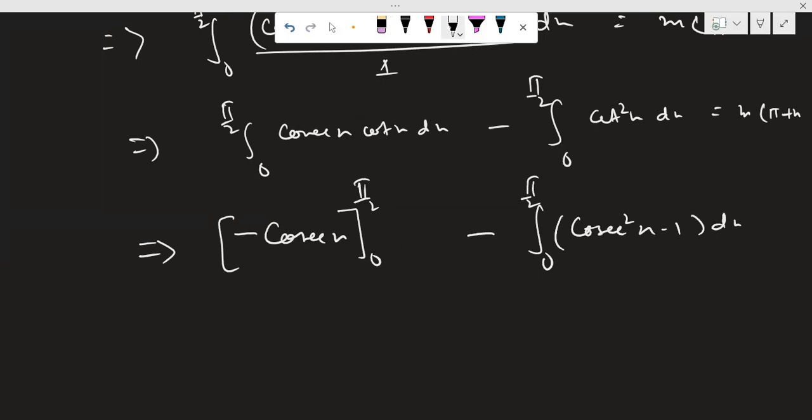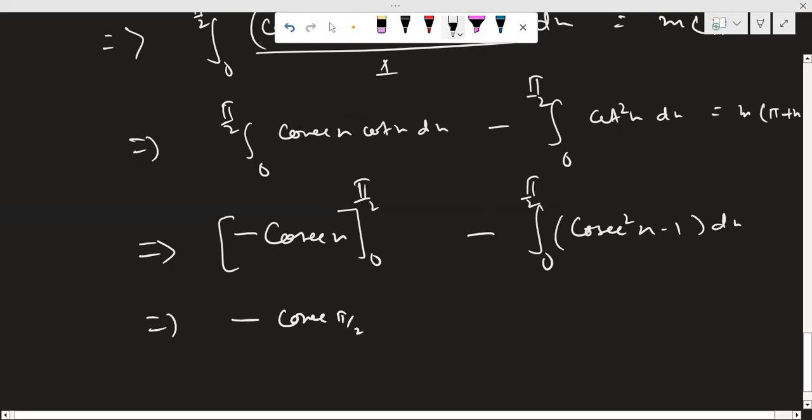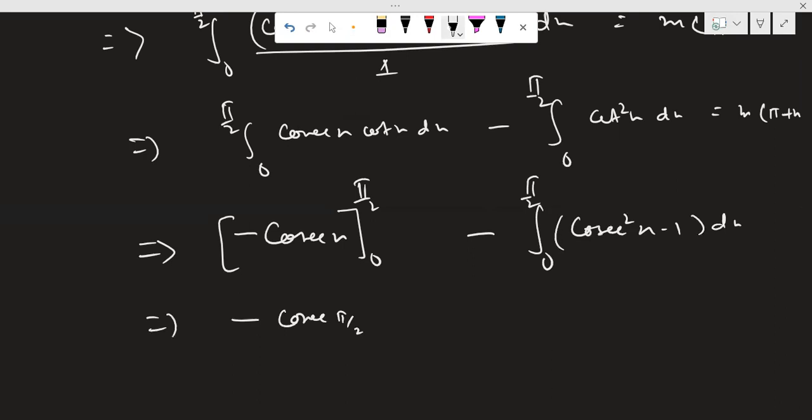And this is negative cosec pi by 2, which is cosec pi by 2. And cosec 0 is not defined.